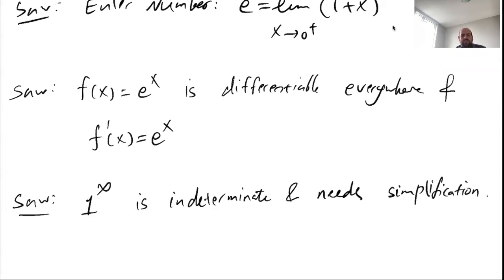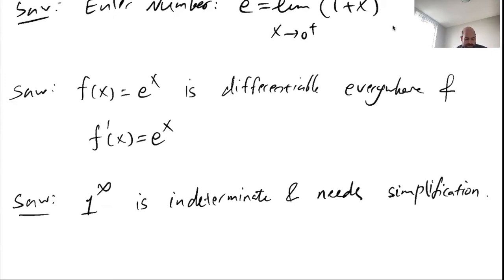Many people think it's 1, but because everything here is a limit, it's not. If you say exactly 1 to a large power, the answer is still 1, but a limit of 1 to a large power does not have to be 1.